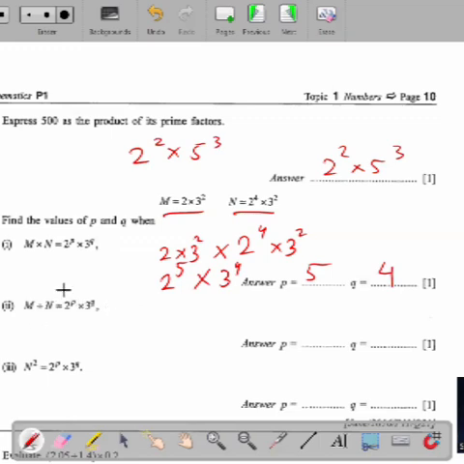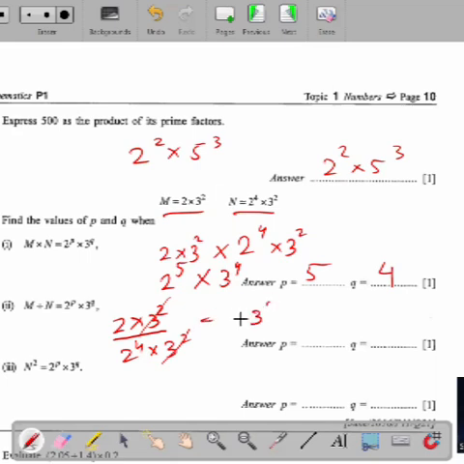After that, he is saying divide both of them. Then M is above: 2 multiply 3 power 2 over 2 power 4 multiply 3 power 2. So 3 power 2 and 3 power 2 cancel, which means they have the power 0.